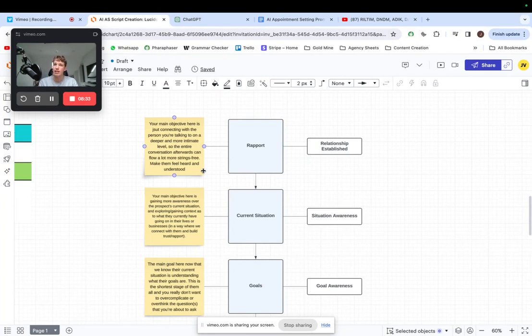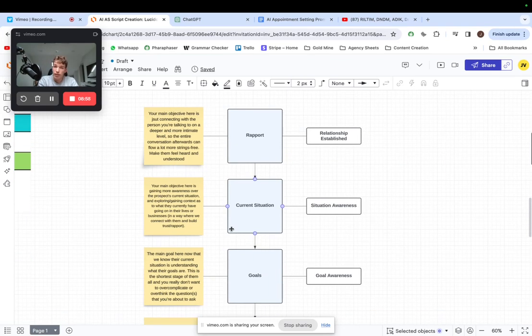It's going to be a lot less tense, so I really advise you to go through this phase without skipping it. It might take more time, and you might need more messages exchanged with the prospect, but it's going to be a lot easier to then move through each stage one by one and eventually book them in after you've established the relationship.